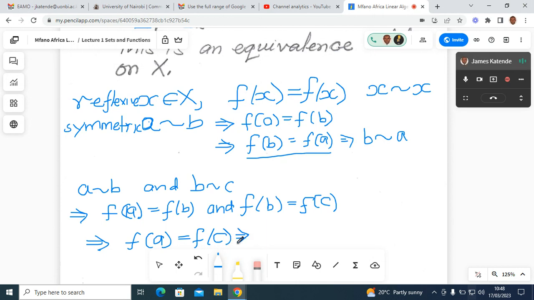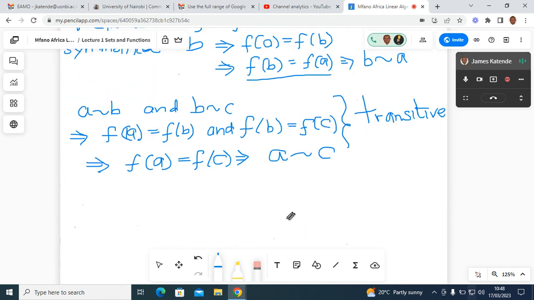This means that A must also be related to C. So this proves the transitive property for our relation. And since all the three properties have been satisfied, we call this an equivalence relation because it satisfies the reflexive, symmetric, and transitive properties.